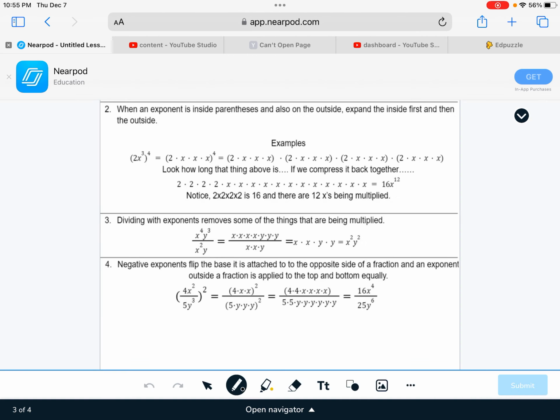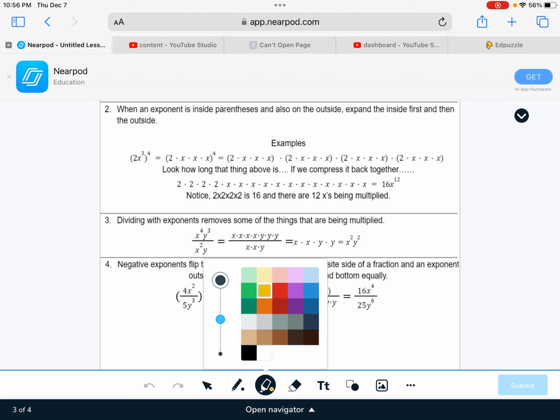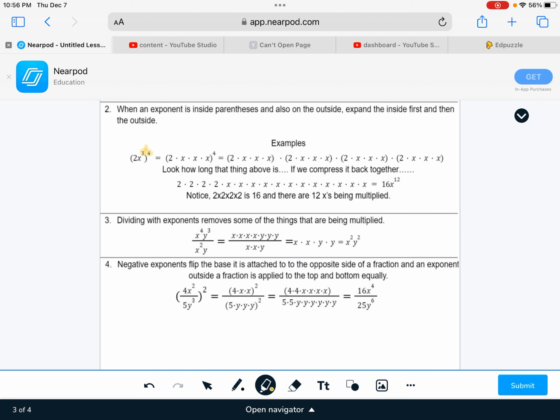Okay? From there, I want to talk about rules 2, 3, 4. Rule number 2 here. When the exponent is inside the parentheses and also on the outside, what I mean by that is if I look at this 3 and the 4 up here, you can expand the inside of the parentheses first and then re-expand the outside. So if you look carefully, it's the x to the 3rd power here that got expanded to where you had x being written 3 times.